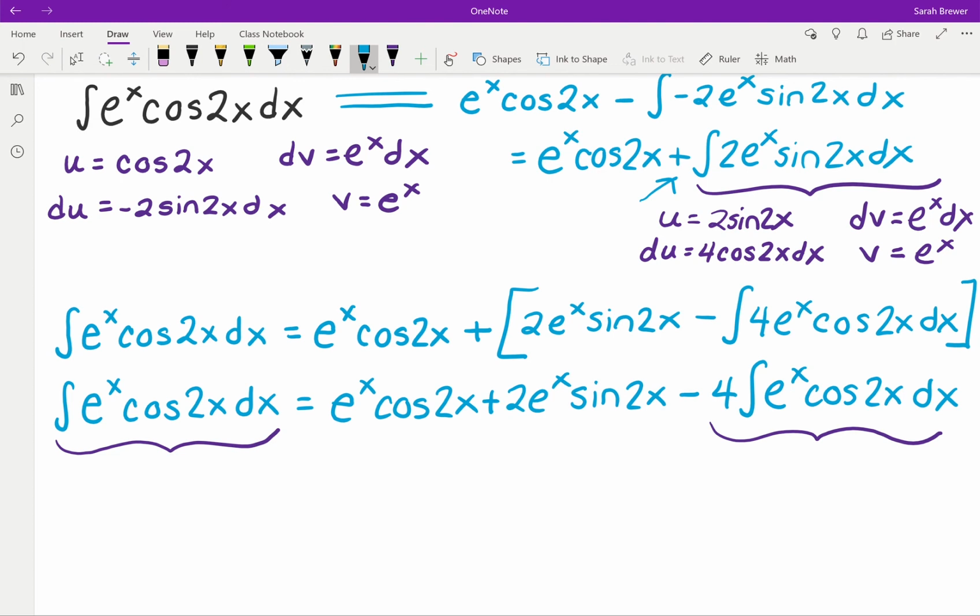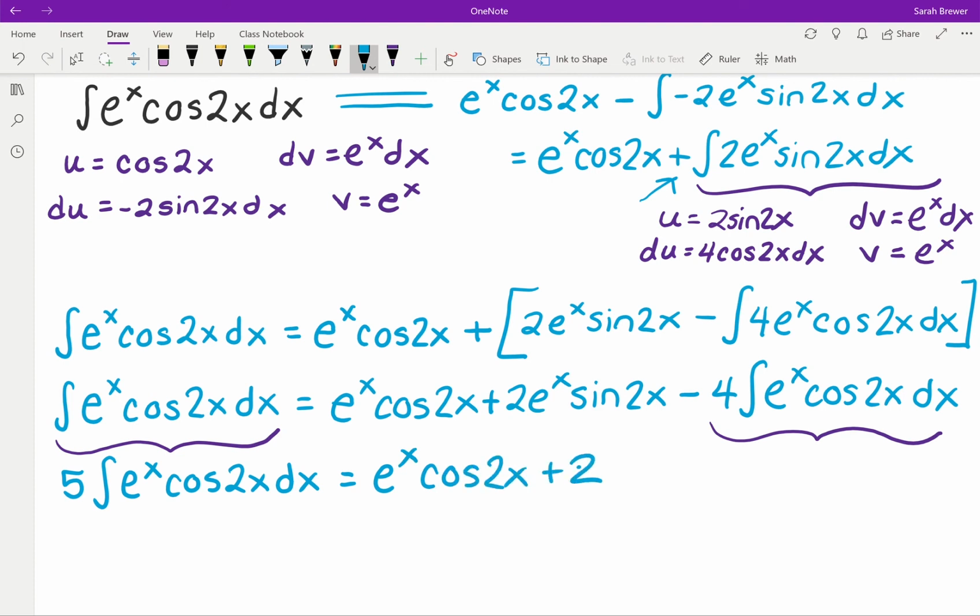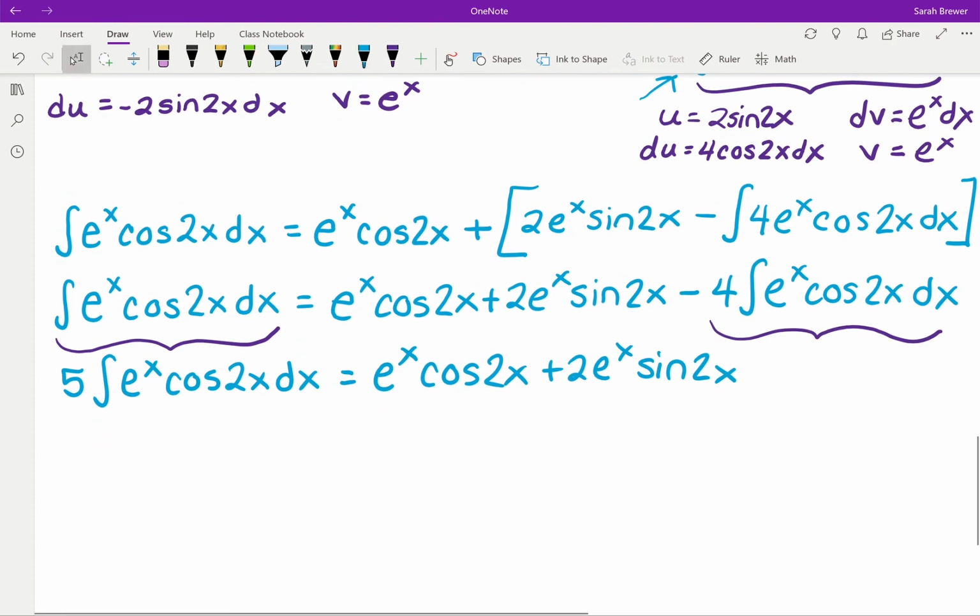So if I move 4 of these integrals over to the left, that gives us 5 of those integrals. So I'm just left with the non-integral stuff on the right. And in order to get that integral by itself, all I have to do is divide by 5.